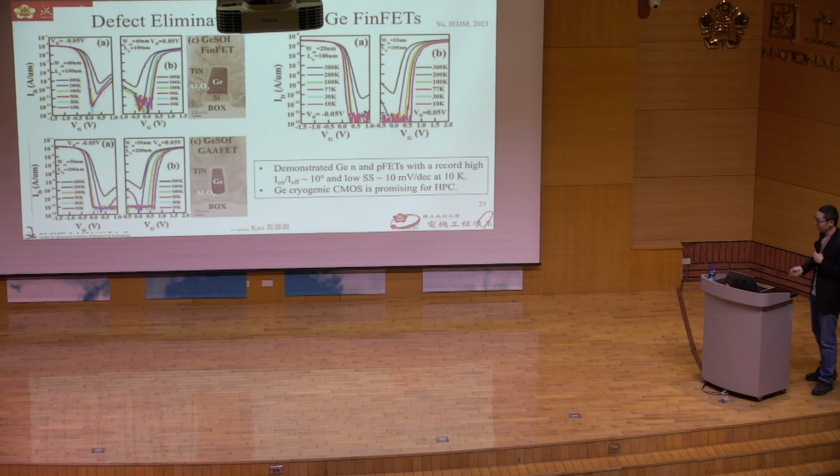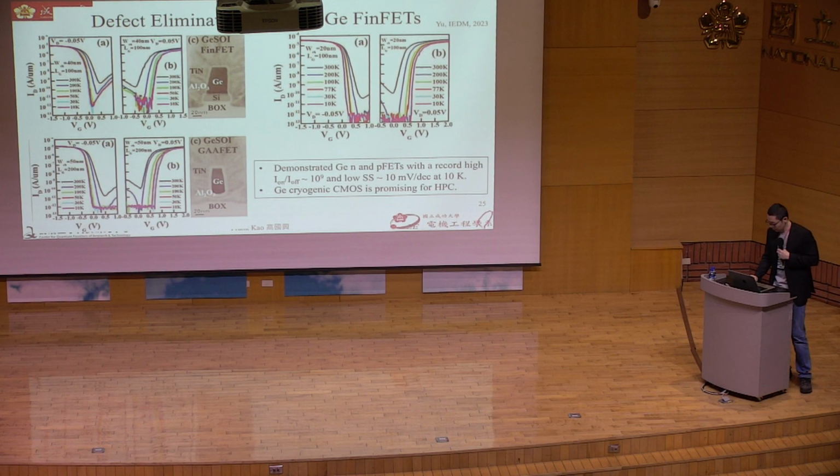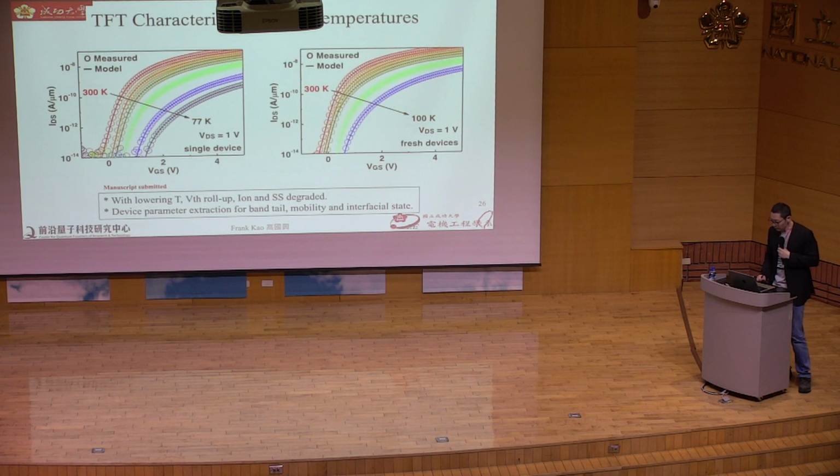So compared to silicon, germanium has a higher hole mobility and electron mobility because their effective mass is lower. So we demonstrate germanium transistors and measure them at low temperature down to 10K. So by this work, we prove that germanium cryogenic CMOS is promising for high-performance computing.